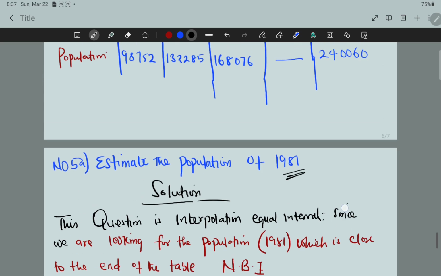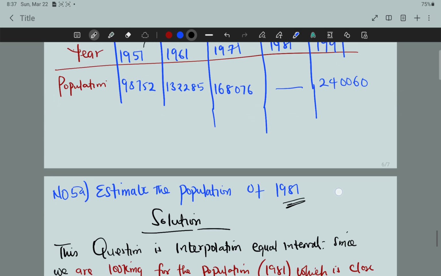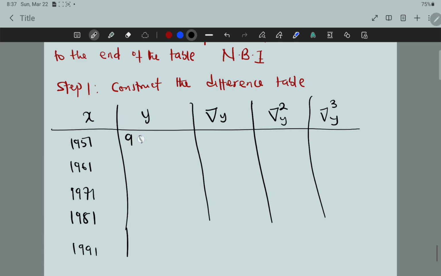The y values: 98752, 132285, 168076, and we don't know this particular one, and 240060.